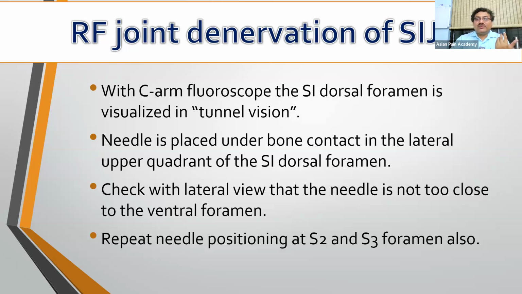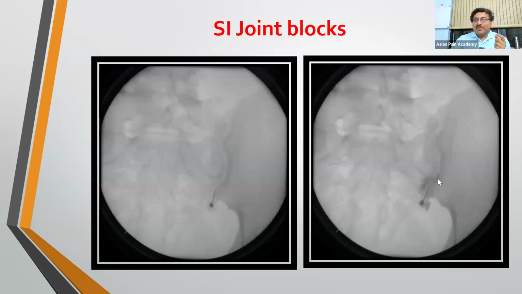Now, for the radiofrequency ablation, a similar mechanism is done with the needles. Needles are placed by the sides of this foramen, or if you are using the cryoprobe, it can be used by the side of the joint. And by radiofrequency ablation, cryoablation, or cool radiofrequency, we can block the nerves that are coming from the dorsal foramina to the joint.